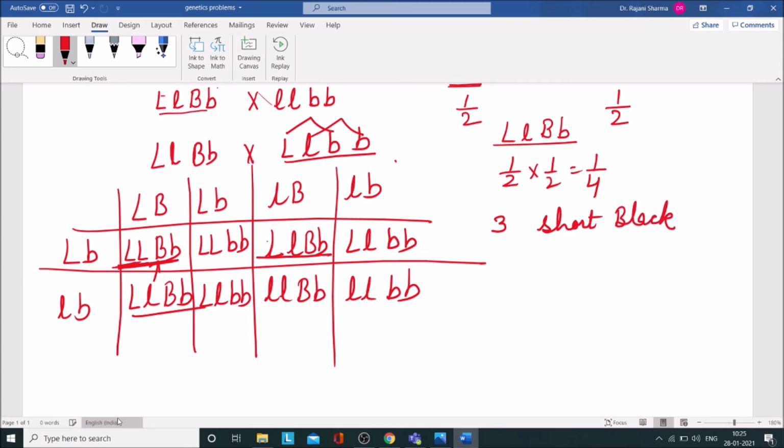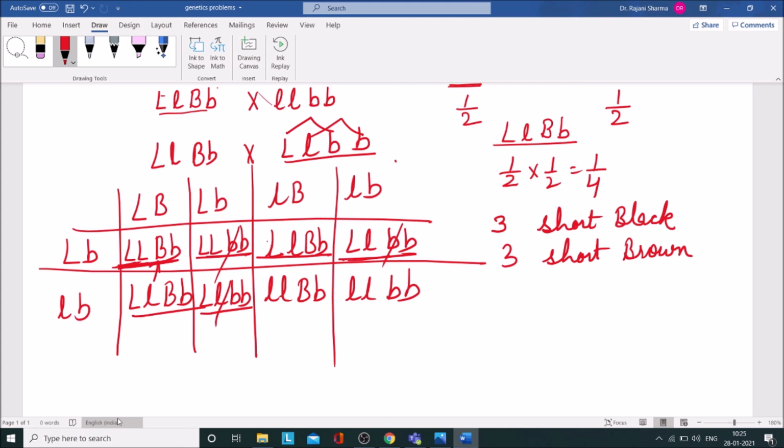Next is short hair with brown color. 1, 2 and 3. So again we have short hair with brown color, 3 of them.